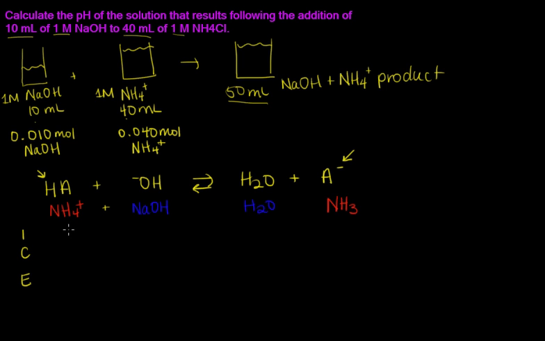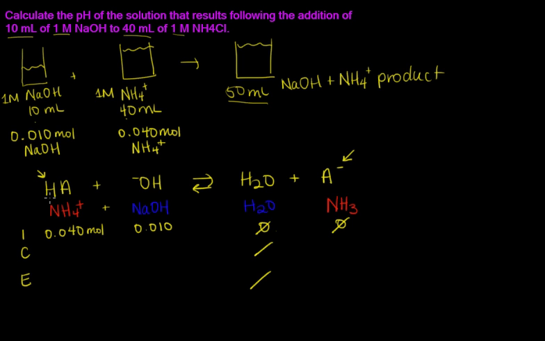We're starting out with 0.040 moles of ammonium chloride. It's very important that you don't use the volumes. Volumes don't tell you anything. We only care about moles and molarity in the ICE charts. Sodium hydroxide, we're starting with 0.010 moles, and water doesn't have a concentration, and we start with no ammonia.